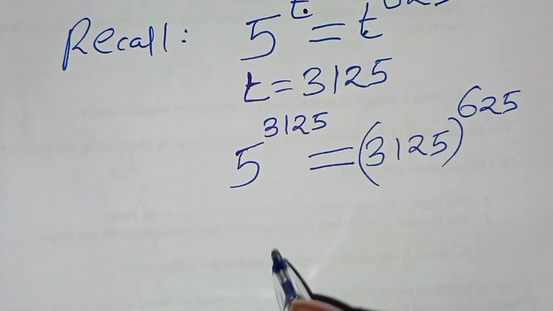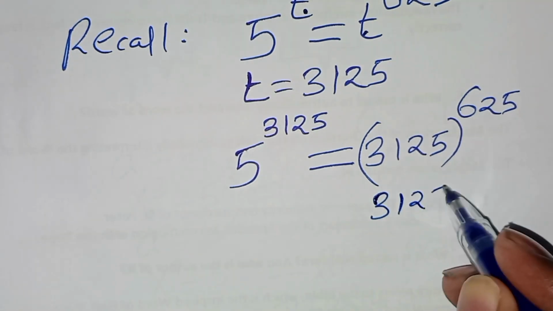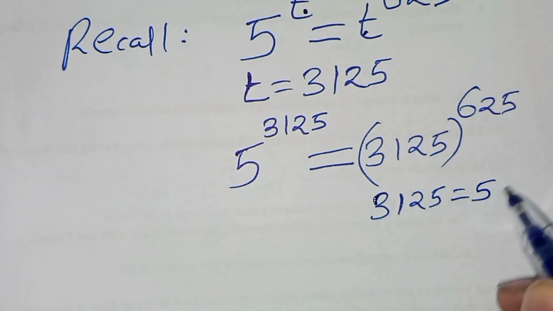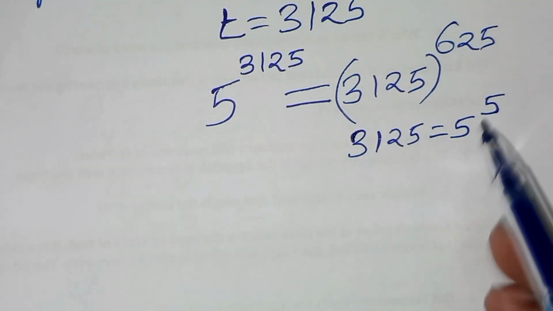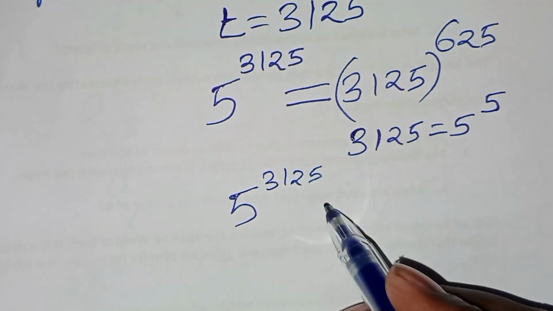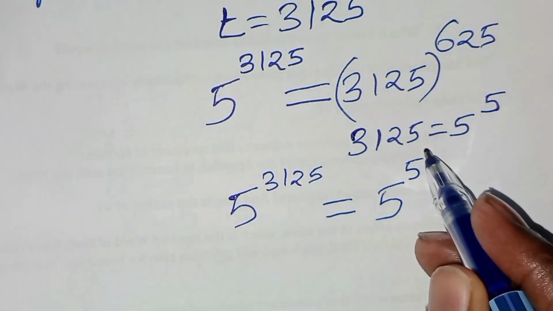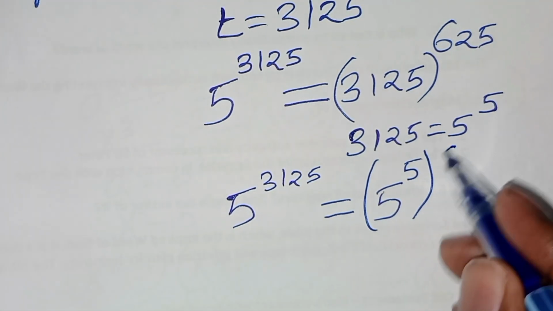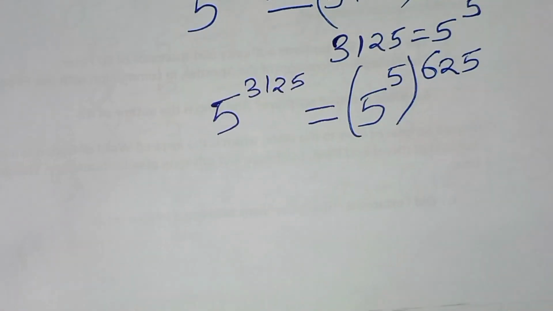The next step: we can express 3125 as 5 to power 5. Substituting this, we have 5 to power 3125 equal to 5 to power 5 raised to power 625.